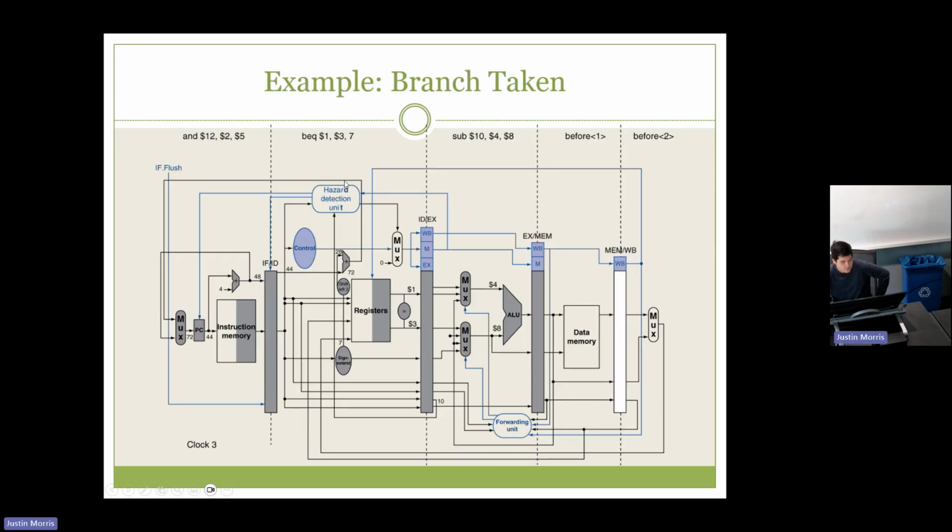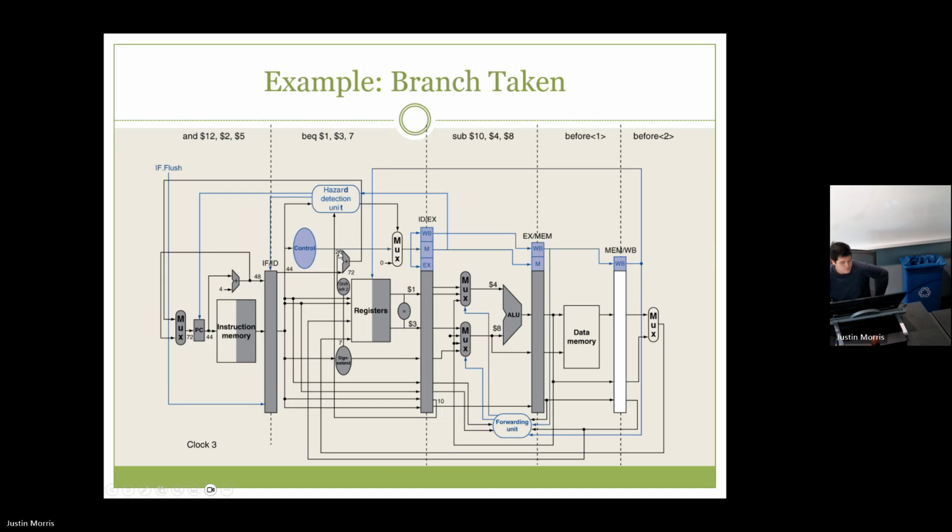So here's our branch, right? And this is the and that is being fetched while we're trying to figure out the results of this branch. And this was our predicted instruction. And at the end of decode, we figure out that our registers are indeed equal.